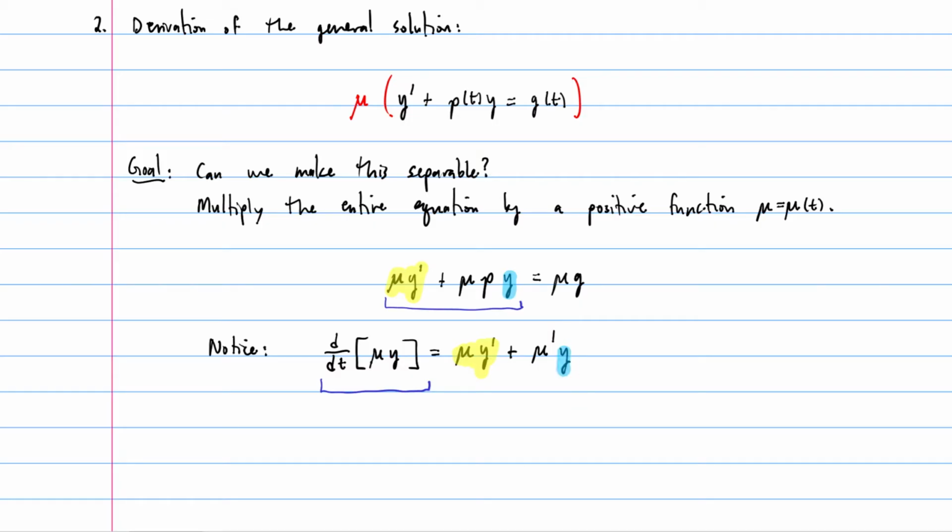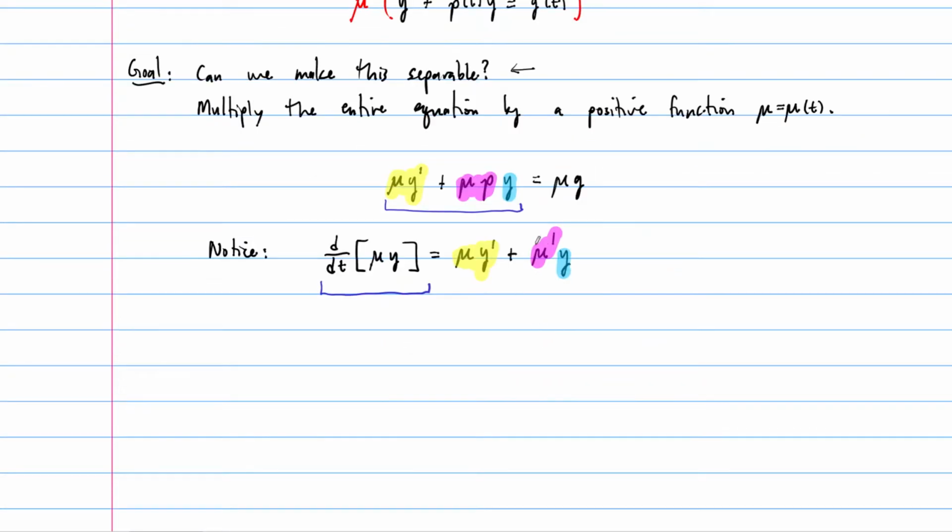And so in order for these two to be equal, we need to find a function mu for which those two are equal, such that mu prime equals mu times p. So that becomes our new goal. In other words, this original goal that we had will be achieved if we can find a mu that satisfies this relationship.